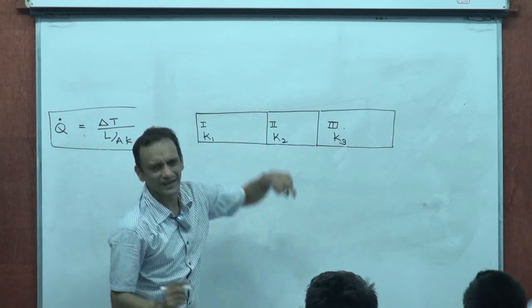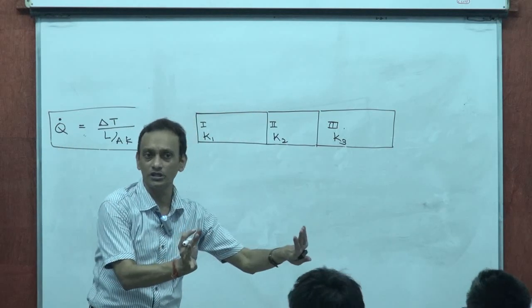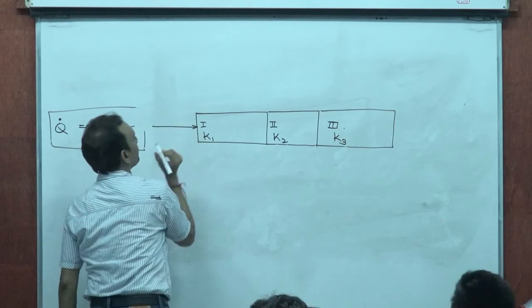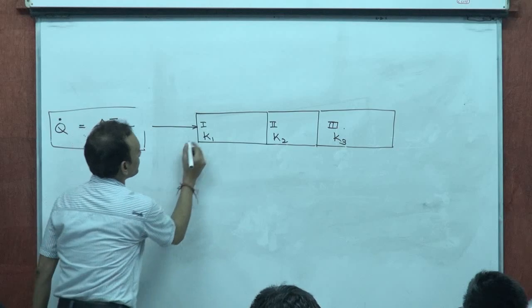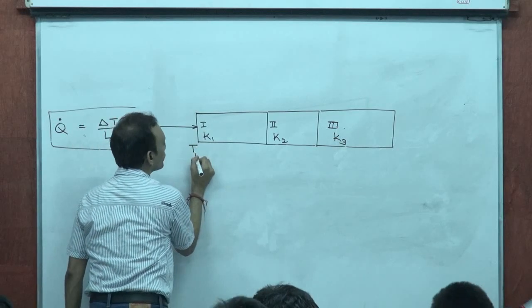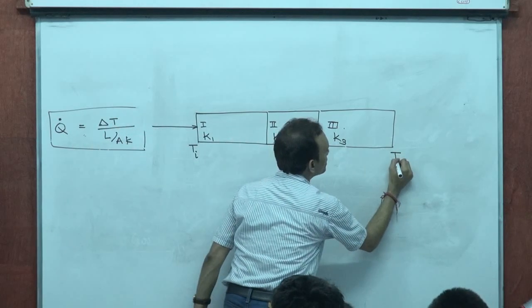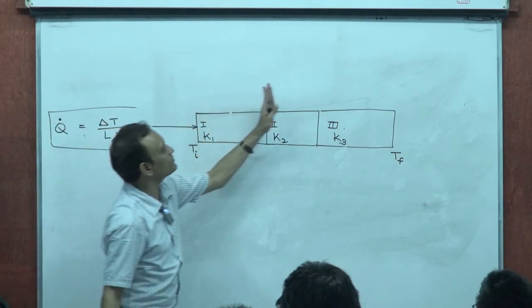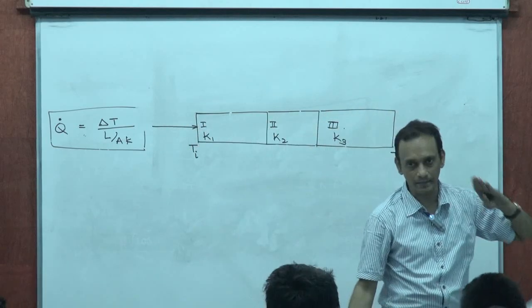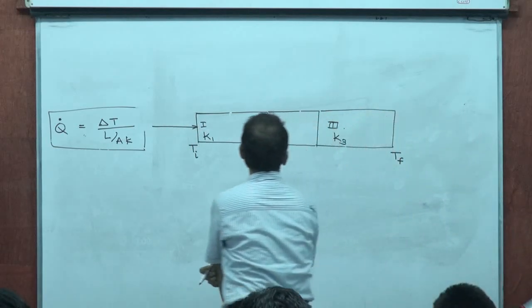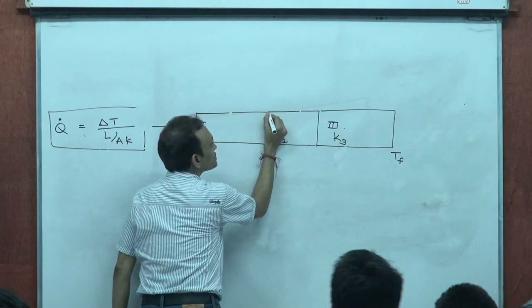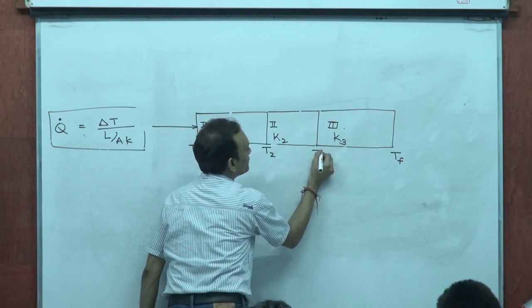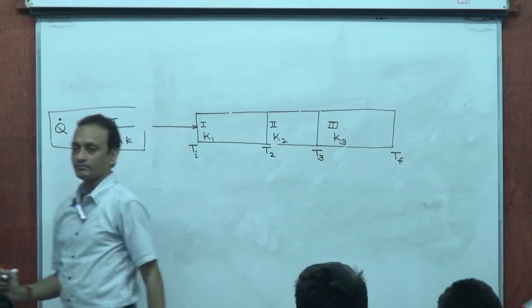The lateral surfaces are lagged so that it remains a one-dimensional heat transfer problem. Say this is T initial and this is T final, and the area of cross section of each slab is the same. Say this is the interface between 1 and 2, with temperature T2, and this is the interface between 2 and 3, with temperature T3.